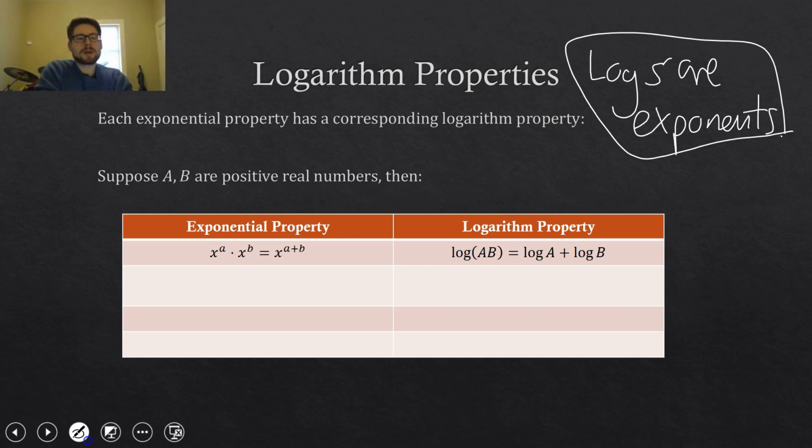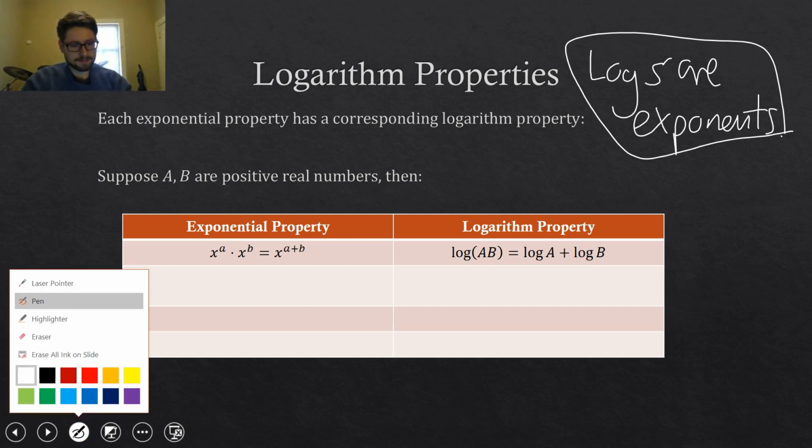So our exponent property on the left is a familiar one where you multiply two exponentials and you end up adding the exponents together. The logarithm property that corresponds to this is that if you take a product, a times b, and take the log of that, you could take the log of a and the log of b and add those results together.